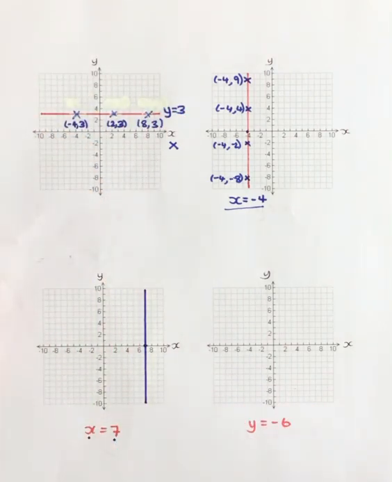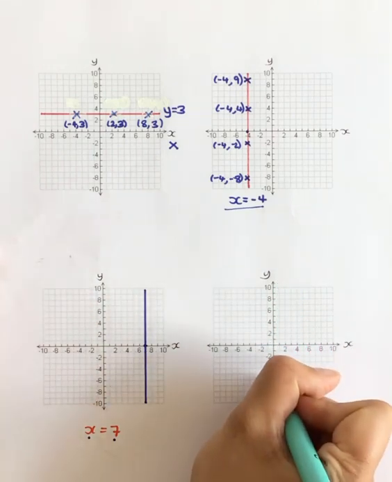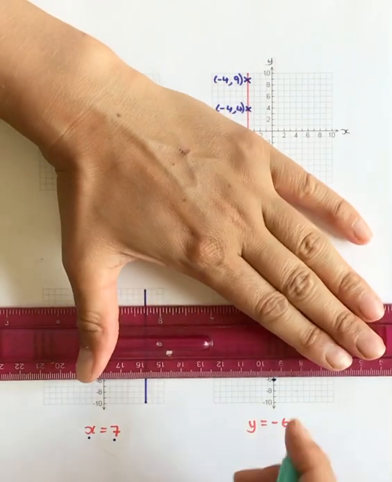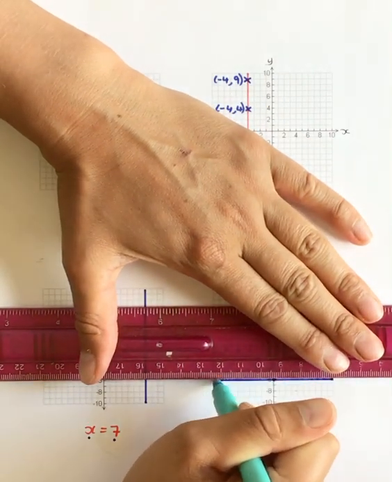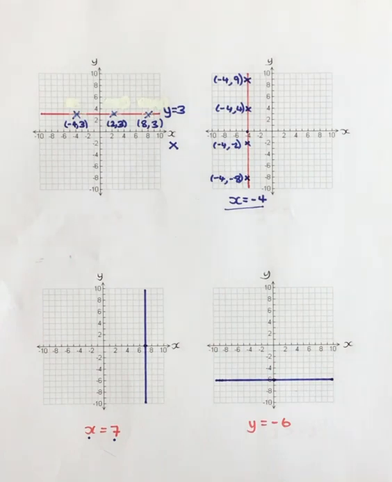The next one is y equals -6. So we need to go through the y-axis, y to the sky, at -6. Here we go. So we need to have a horizontal line to go through that -6. So that's a quick reminder of how we use equations of horizontal and vertical lines.